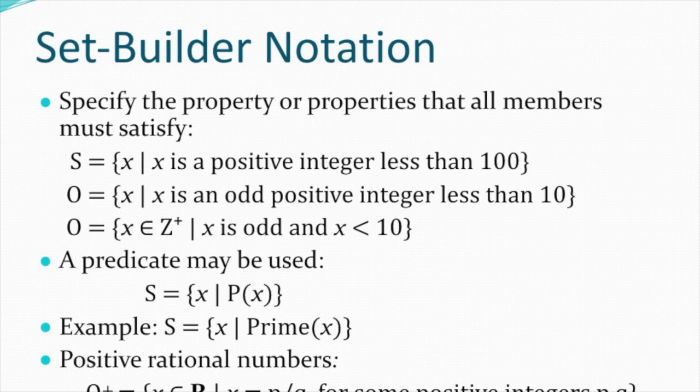I have an element in this set called x, and this x belongs to the set capital R, which is real numbers, positive and negative, where we have x equal to p divided by q. Now p and q as well are positive integers. So I am exactly specifying which ones should qualify to be in this set.